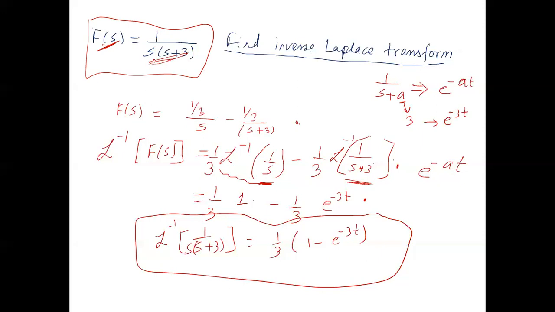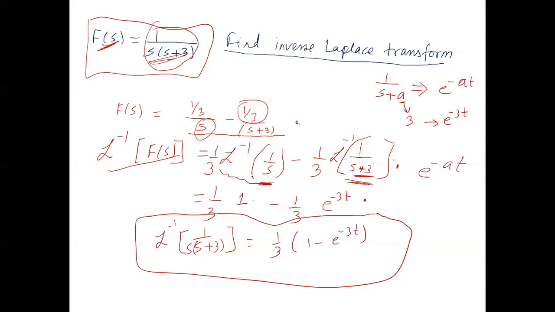So by using the partial fraction method, we figure out this can be written as this. So far so good, right? Now our goal is to figure out the inverse Laplace transform. So it means 1 over 3 inverse Laplace transform of 1 over s, then minus 1 over 3 inverse Laplace transform of 1 over s plus 3.